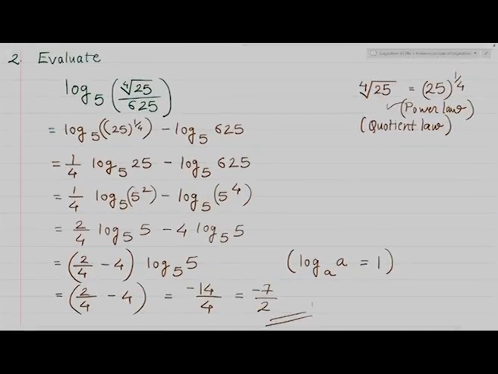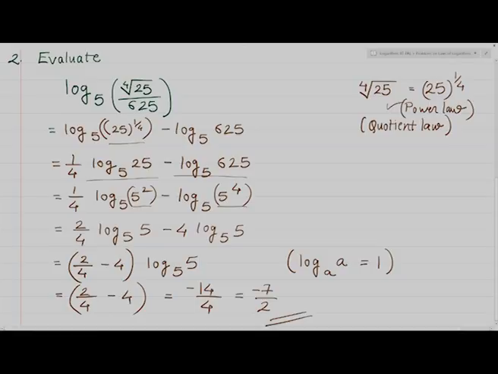So, you just review the steps. What are the laws of logarithms that we have used? We have used only power law and quotient law. Where did we use power law? To simplify this term, we have used power law. Then you can actually solve this by using the 7th rule, but instead of using the 7th rule, what we did is we used power law again and said that this is 5 square, this is 5 raised to 4.